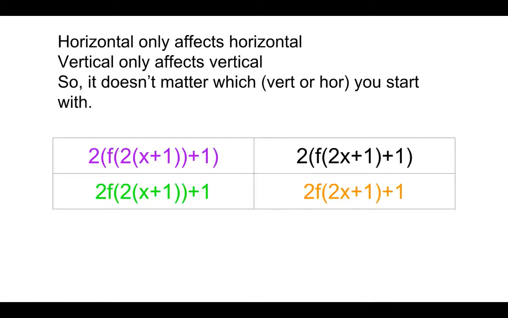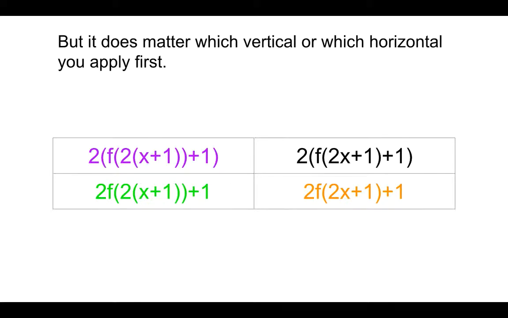The only relationships that are important are which of your horizontal things that you do first, or which of your vertical things you do first. So shifting before you compress, or compressing before you shift will give you different results, whether that be horizontally or vertically. But they don't correspond. They don't move across those 2 options.